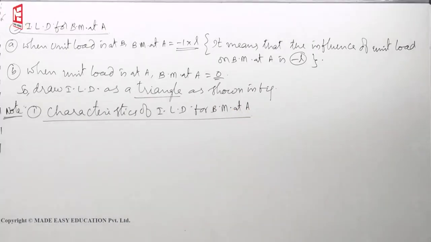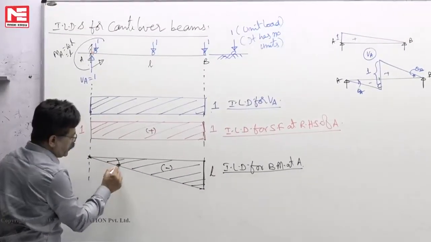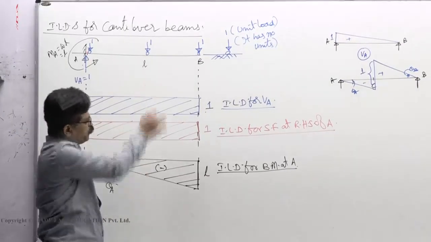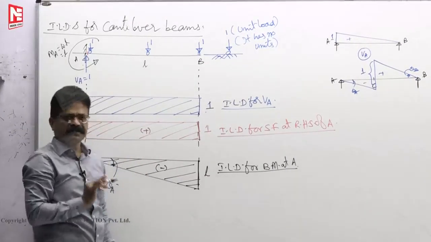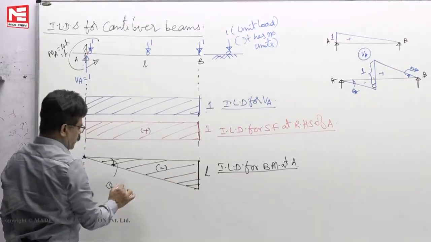You see now, coming to this problem, if I take this one, what is theta A here? You see you rotated clockwise. Whether you rotate clockwise or anti-clockwise, the downward load should give negative bending moment, that's all. So theta A, how much is that? L by L is 1.